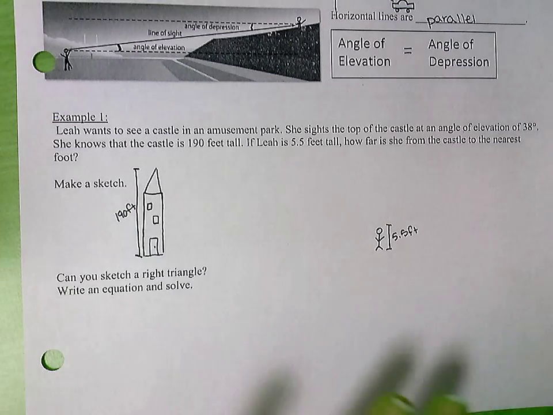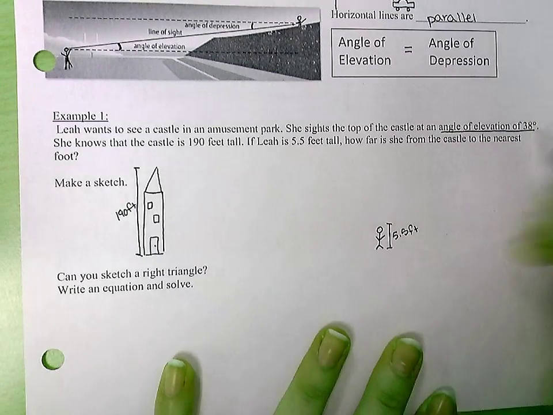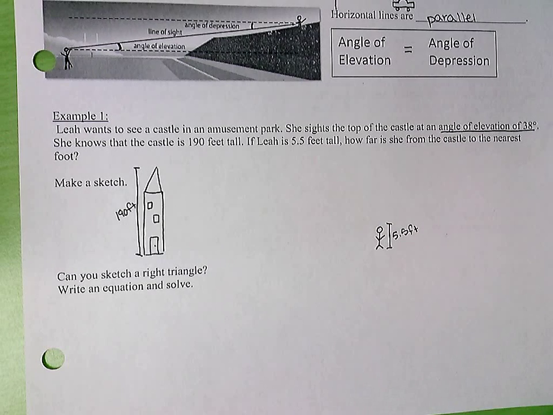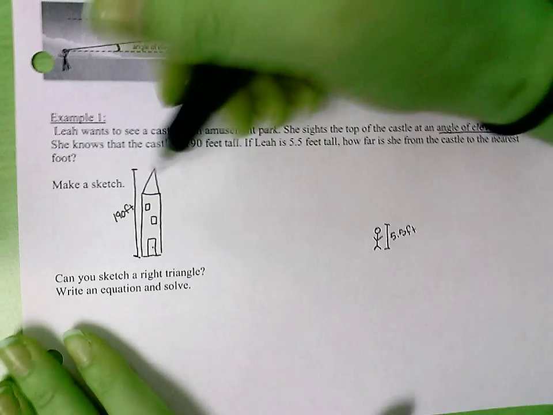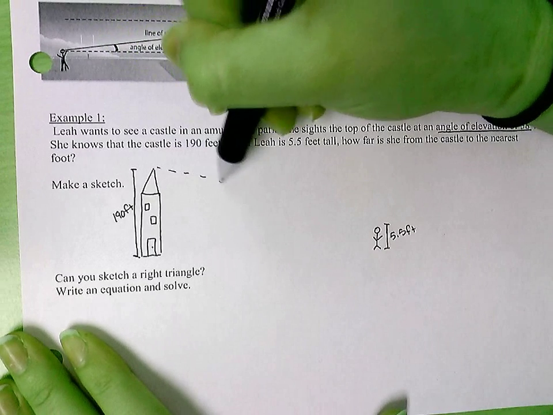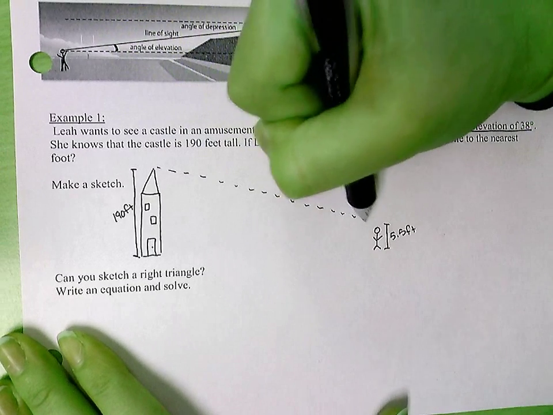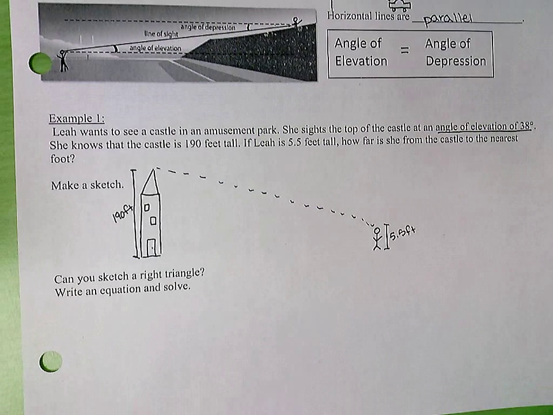Now, if we're talking about an angle of elevation, that means she's looking up at something. Okay, angle of elevation is looking up. So she sights the top of the castle, from Leah to the top. Now remember when I said the angle of elevation is between that horizontal and the sight where she's looking?